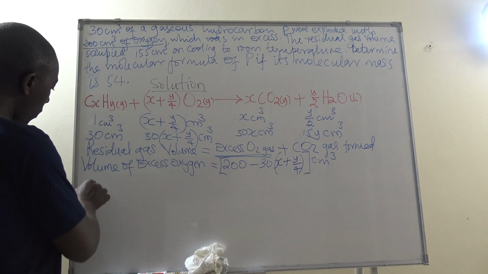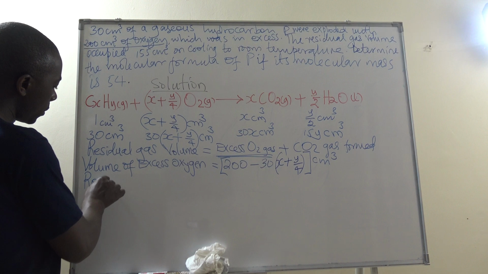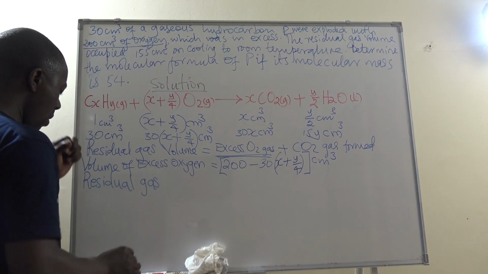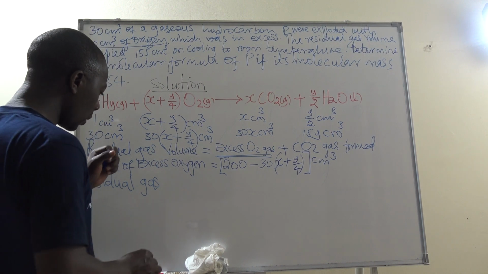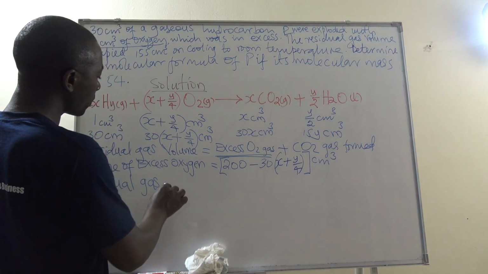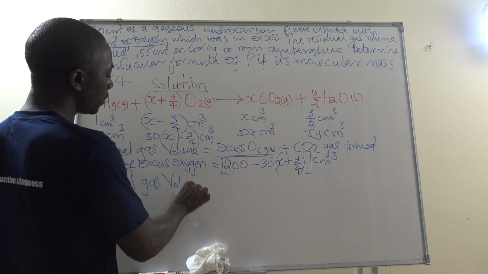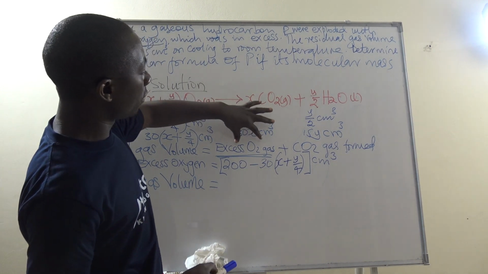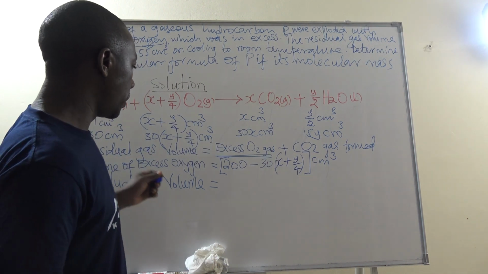Now, go back to residual gas volume. We've already written its equation as volume of excess oxygen plus volume of carbon dioxide formed.